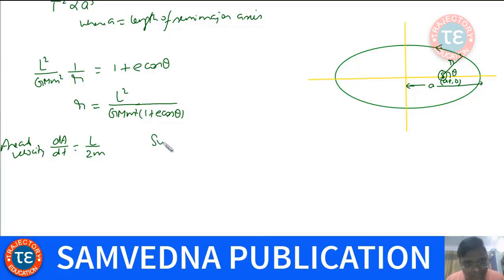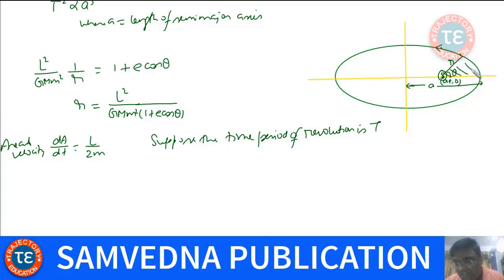So suppose the time period of revolution is T. In T time period, this radius vector r is going to sweep the whole ellipse.